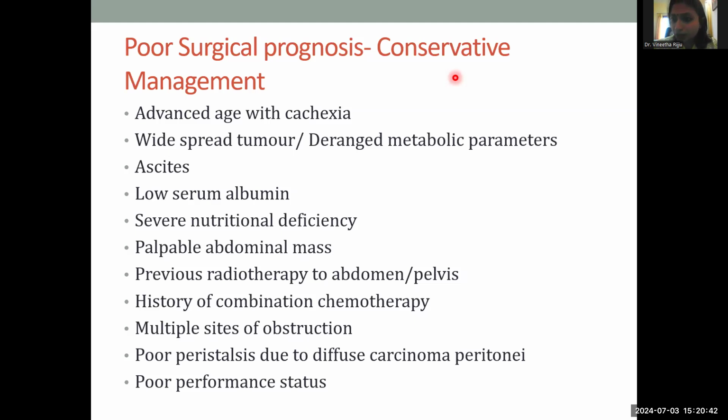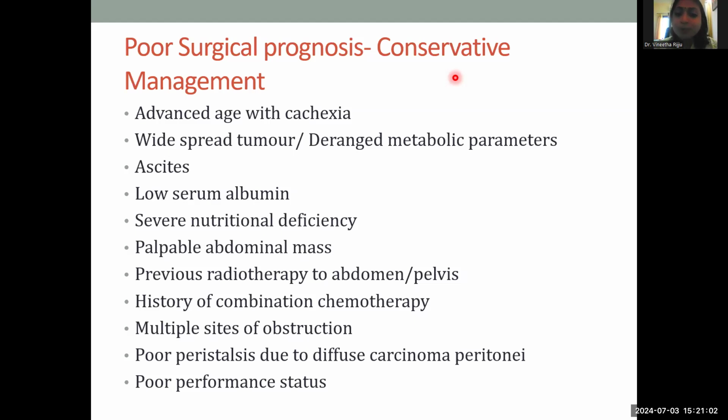This could be because there would be a lot of fibrosis, like earlier we were saying adhesions and fibrosis. History of combination therapy: here what I meant is that multiple lines of chemo were given, which shows that it is a tough disease. It's more towards a poor prognostic disease.